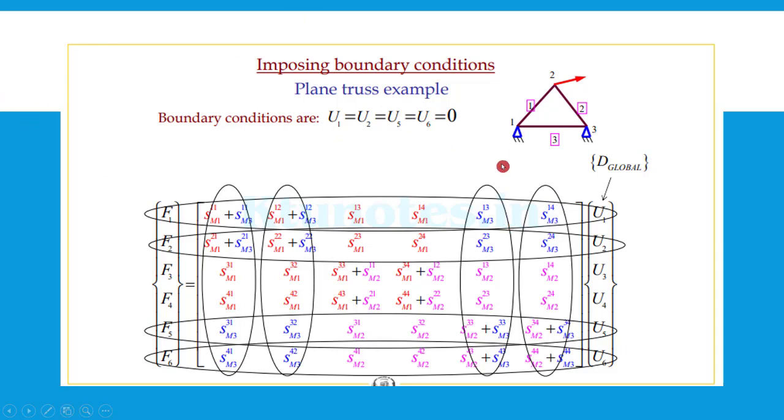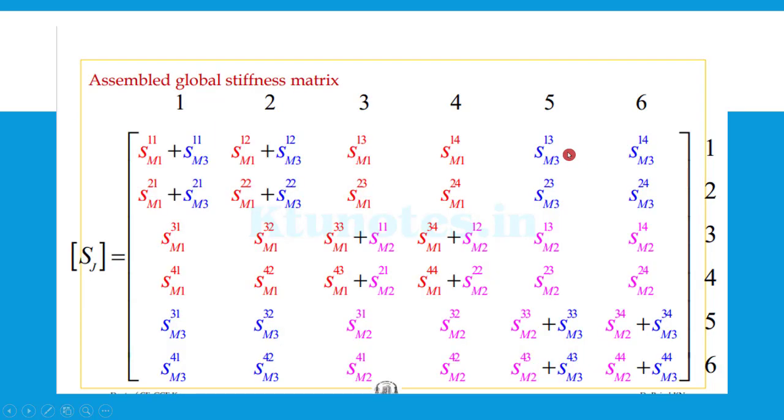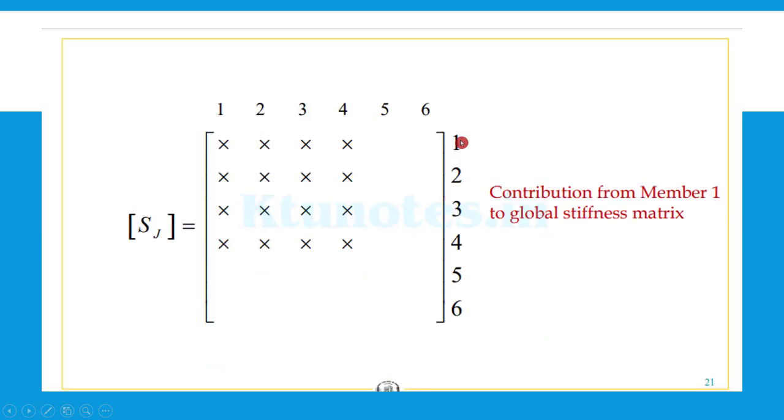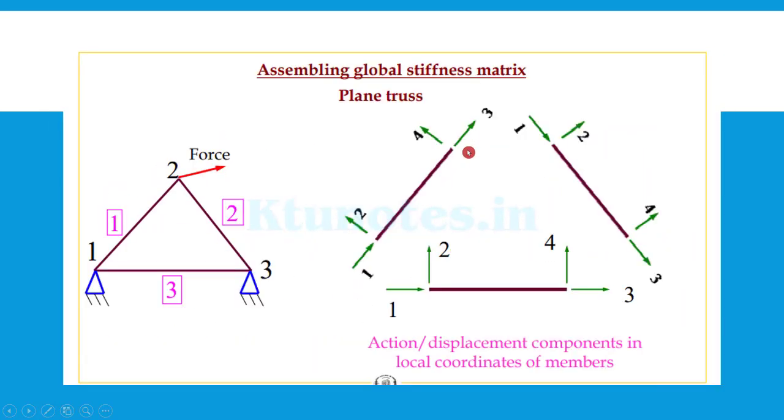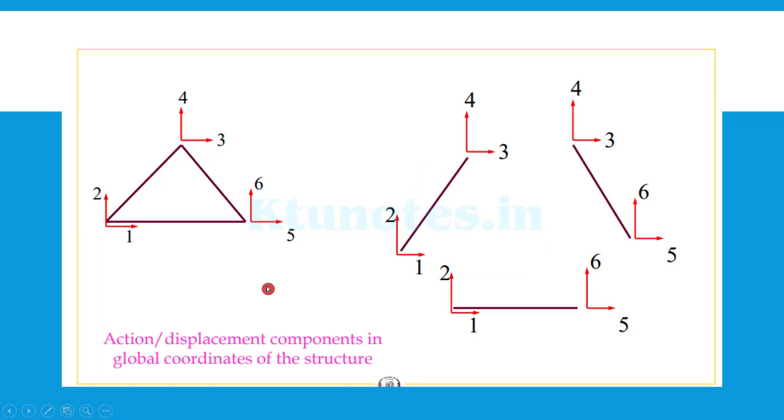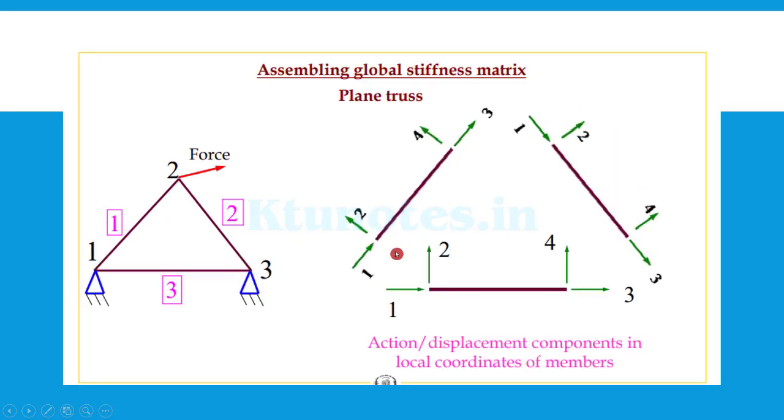So you have here U1. So this was the global one. So U1, then U2. Let's see. Yeah, this is enough. This is the global one, right? So you have zero displacement here as it is at hinge.